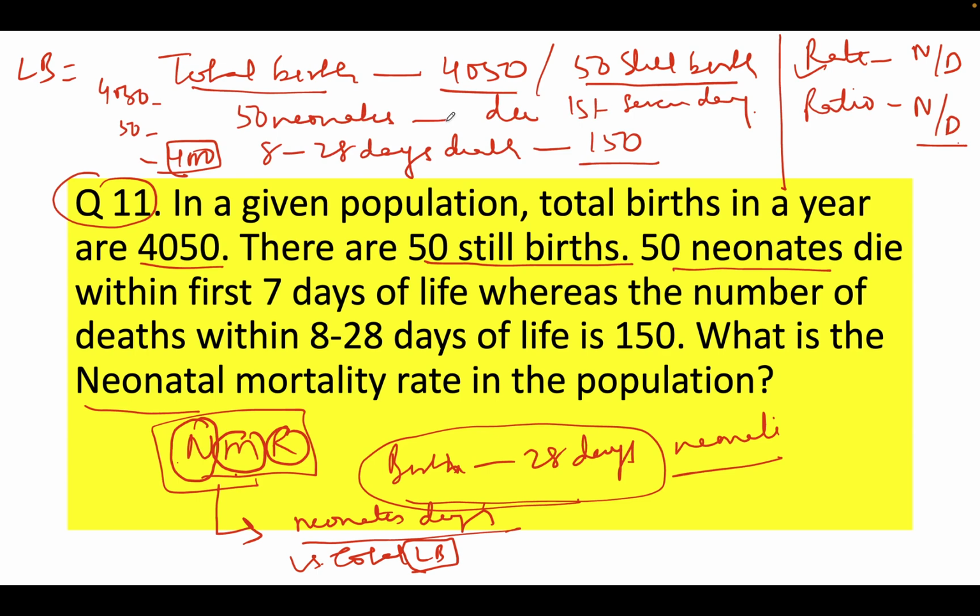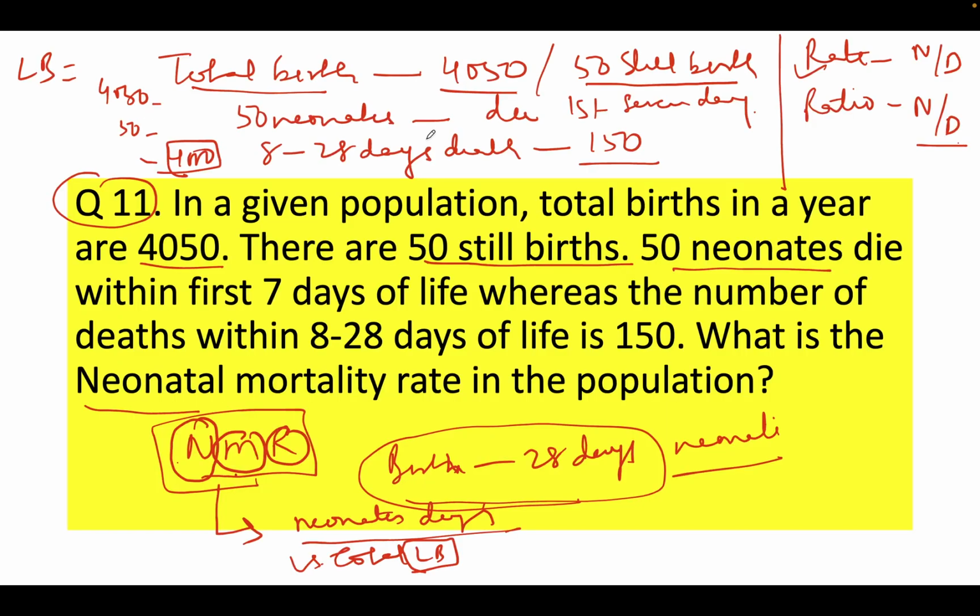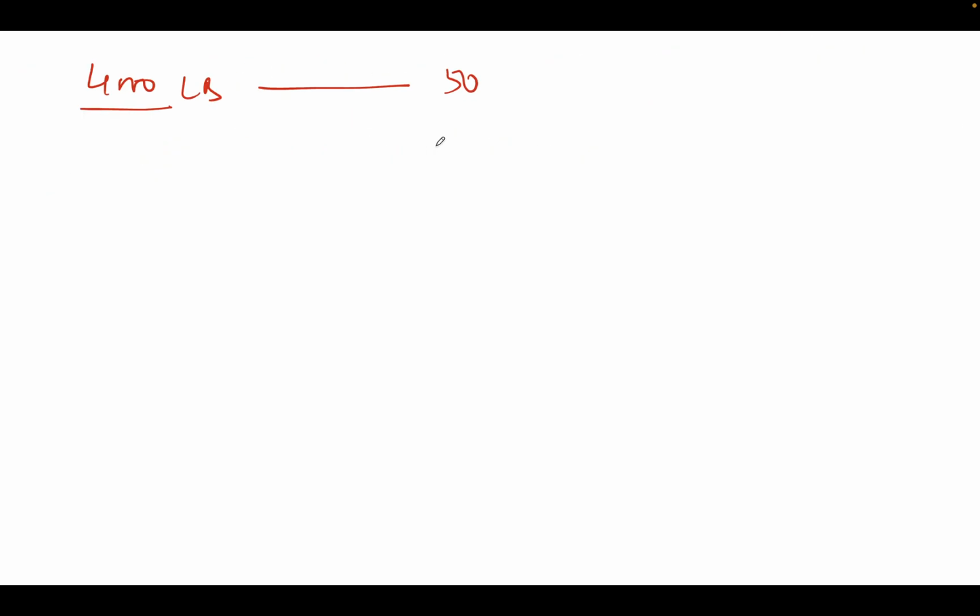Now we have 4000 live births and the number of neonatal deaths. In the question, 50 neonates die within the first 7 days, and children who died between 8 and 28 days are 150. So 150 and 50 need to be added, and this becomes 200 neonatal deaths.